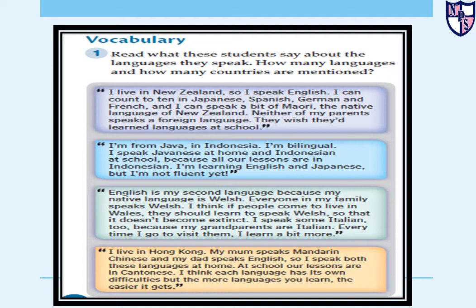This student also speaks English because his dad can speak English, and at school this student can also learn Cantonese. So these are the languages which this last student learns, and of course this student has the opinion that every language has its easier and difficult sides, but we have to learn languages which make us able to speak in different ways.